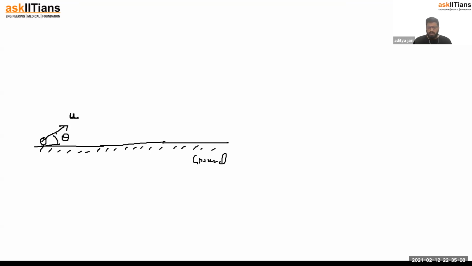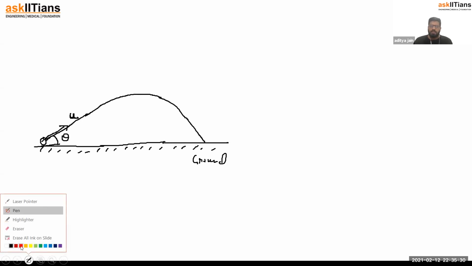In projectile motion, we always measure, by convention, the angle with the horizontal only. It will follow a path like this and ultimately come back to the ground. This is the path taken by the projectile, and that motion is defined as projectile motion.